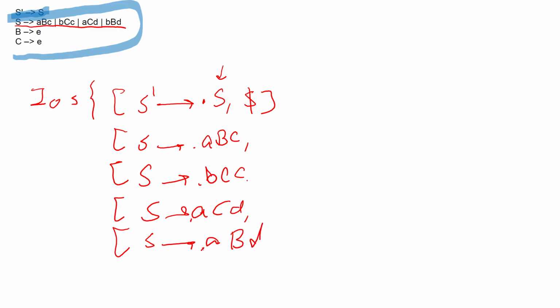Always putting the dot at the beginning of the right side. Now, because behind S we have nothing, it means we have to copy this one in the 4 components. So we put $, $, and also $, and also $. That's the main important thing.